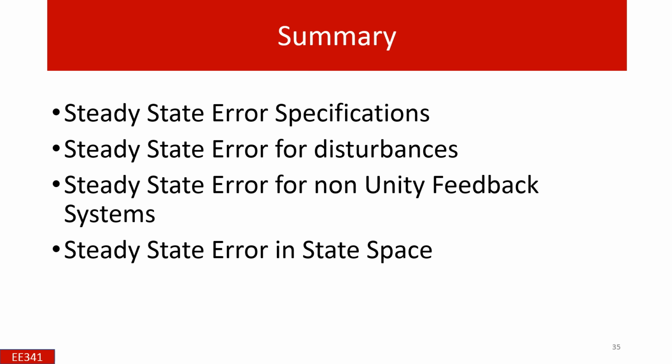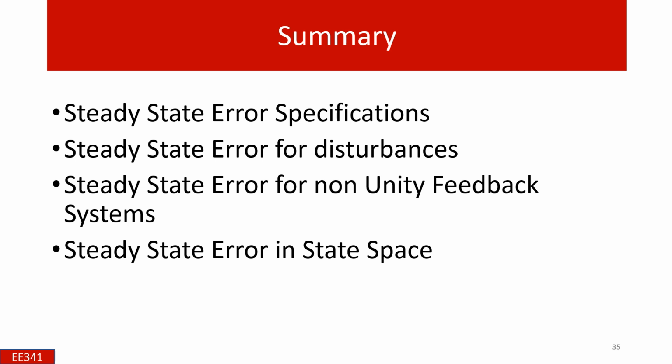We extensively found relations, for example steady state error for disturbance. We are normally talking about unity feedback systems, but if the feedback is not unity, we also handled how to find the steady state error.